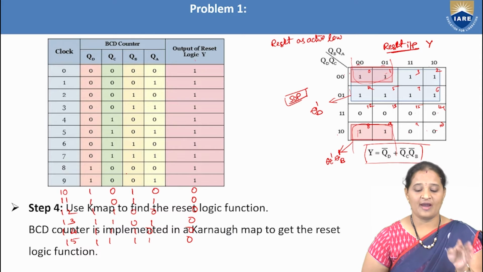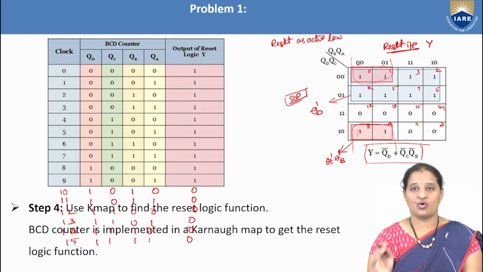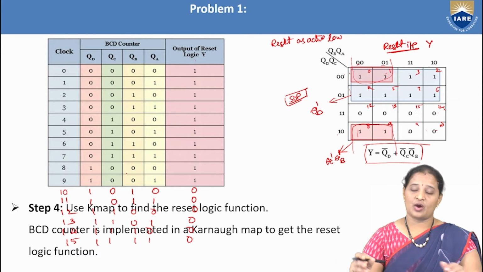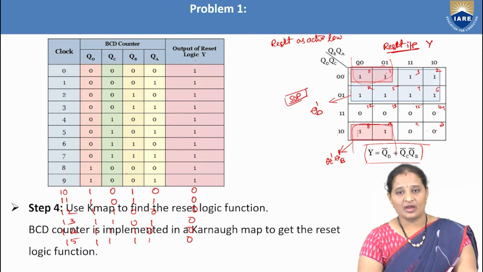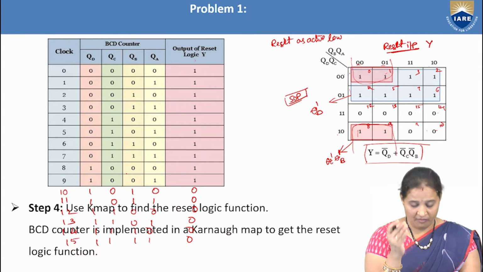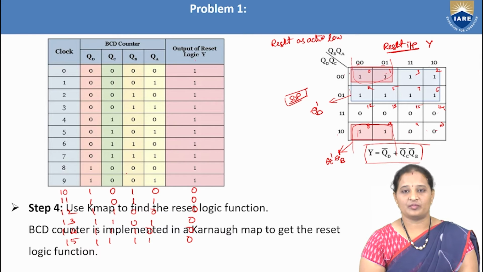Now we have to draw the logic circuit. As you all know, we require 4 flip-flops here, and it is an asynchronous counter. It is an up counter, you remember. When we are designing an up counter, the output Q of one flip-flop is given as clock input to the other flip-flop.